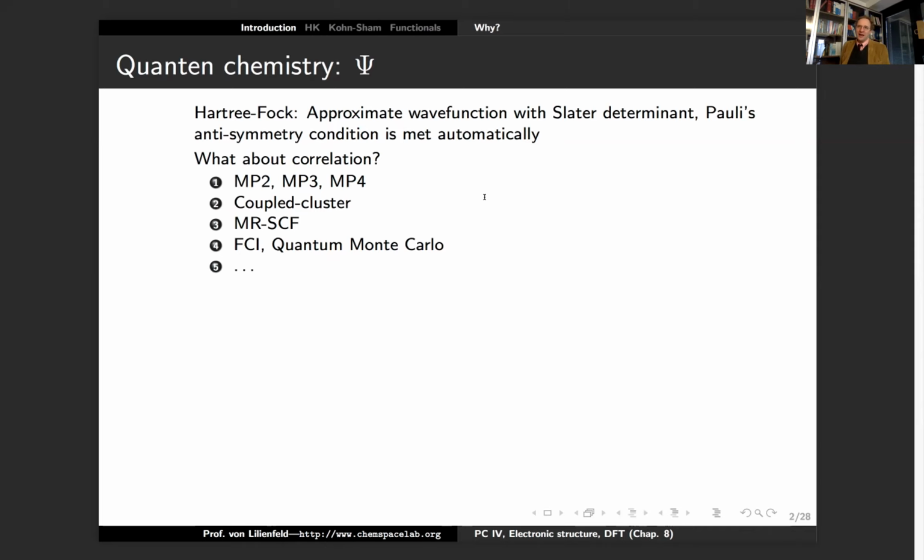And so a priori for any large system, let's say something like aspirin, there is no numerically exact solution to Schrödinger's equation. Right?